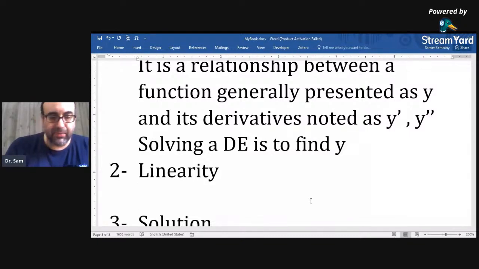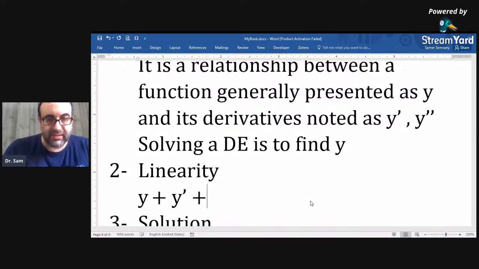So for example, if I have something like y squared, it's not linear. So we must have something like y plus, for example, y prime plus x equals 0.